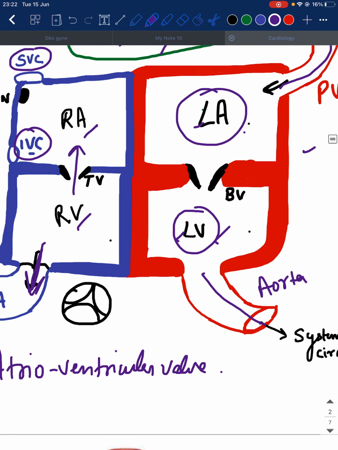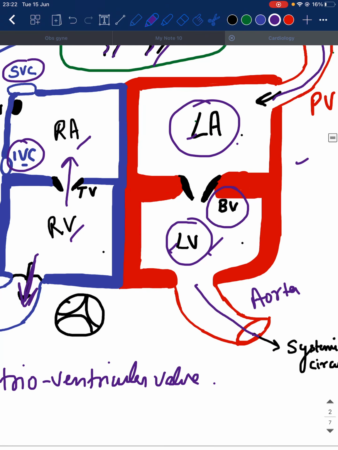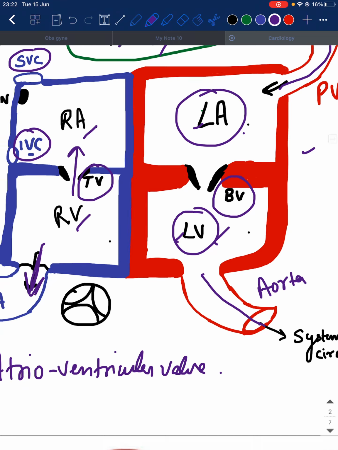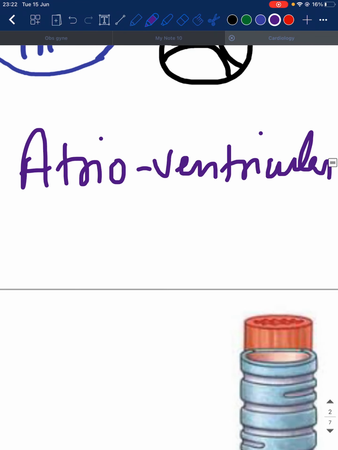On the left side it is the bicuspid valve, on the right side it is the tricuspid valve. The bicuspid valve is also known as the mitral valve.